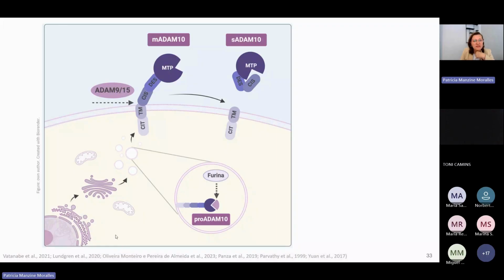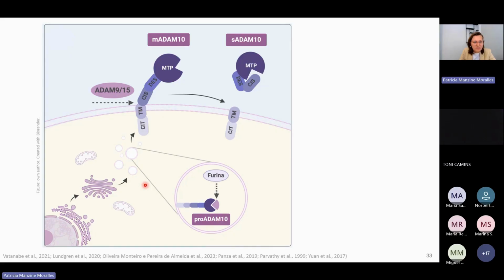At this moment, I'd like to introduce you to EDN10 isoforms, which are different forms that this protein can acquire during its maturation process. First of all, we have the immature and inactive EDN10, the pro-EDN10, which has a molecular weight of about 85 kilodaltons.